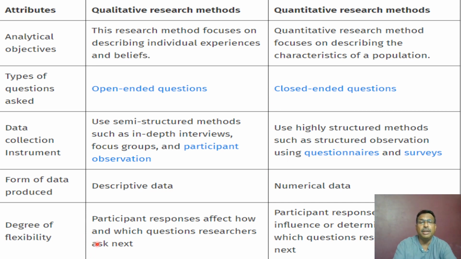The degree of flexibility in qualitative responses is large. You can ask follow-up questions in the qualitative research method, but in the quantitative research method, participants' responses are recorded. Their influences and determinants cannot be explored any further. It's a one-off event altogether.